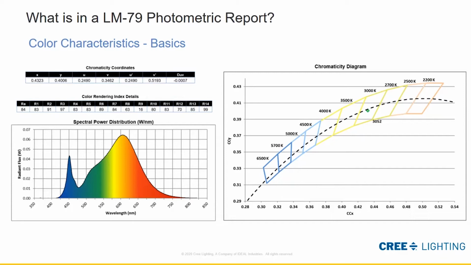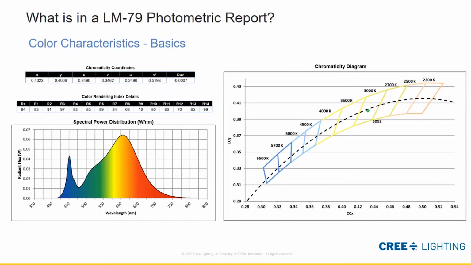And in this instance, it's a 3052 Kelvin product, and you can see that it clearly falls well within the 3000 Kelvin quadrangle, which is an ANSI defined space to help group the color of light of different products. And then back on the left here, we see the color rendering index. Again, the CRI is really an Ra, that 84 right there.